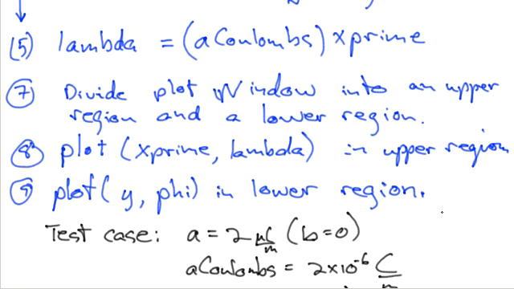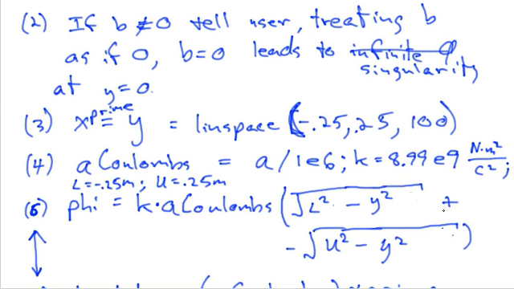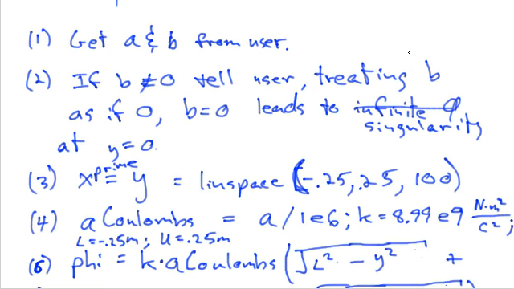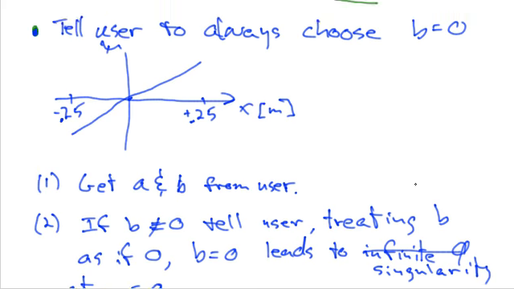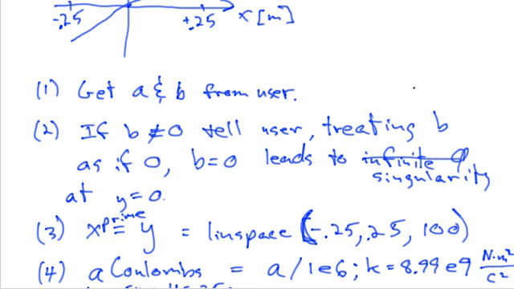So once you got that, if b is equal to 0, then lambda is an odd function. That is, lambda of minus x is equal to minus lambda of x. And an integral of an odd function over a symmetric interval is always going to give you 0.